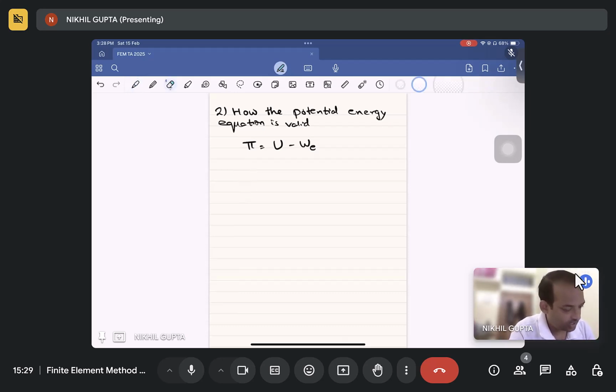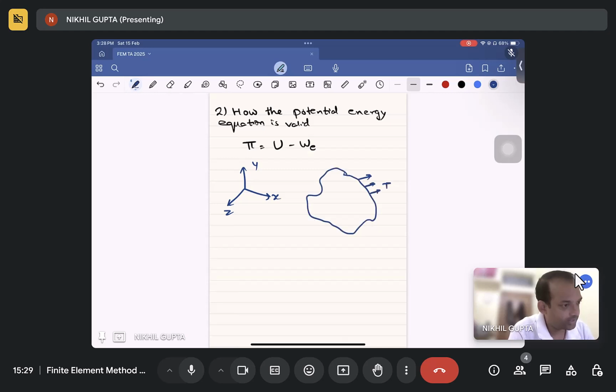Let us take a coordinate system, x, y, z, and let's take a body, and some traction forces are acting on it. Some body forces are acting on it, and let there be a point load as well. So what you will write as the external work done, you will write half.